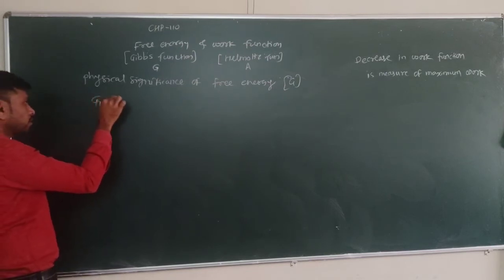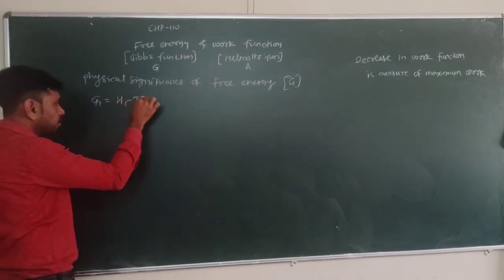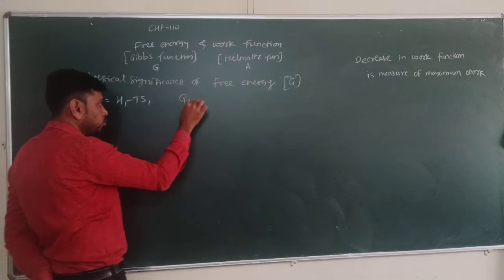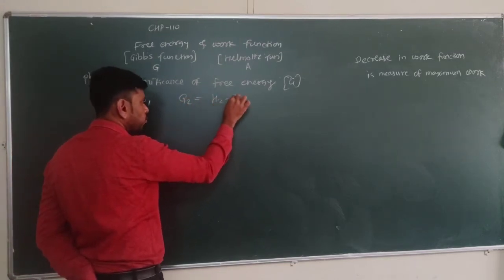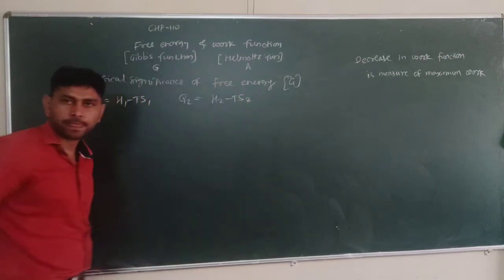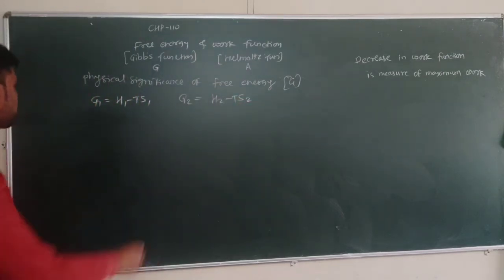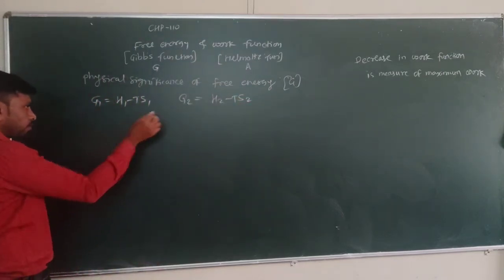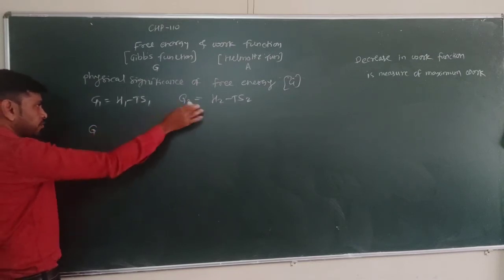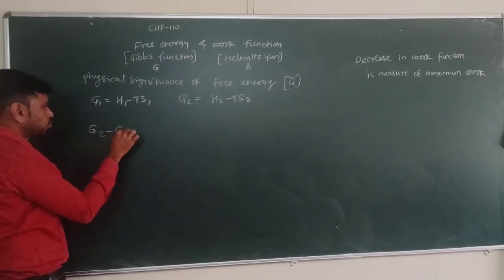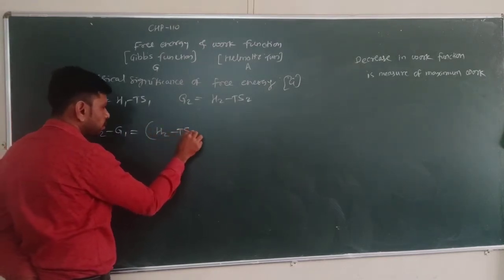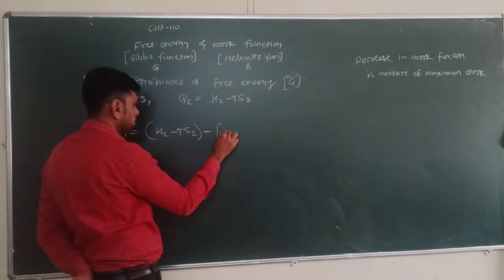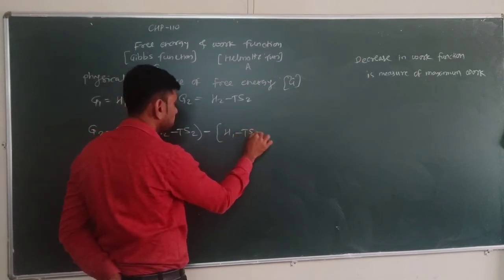Suppose that G1 is H1 minus TS1, and G2 represents the free energy of the second state, H2 minus TS2. If we subtract the first from the second, then G2 minus G1 equals H2 minus TS2 minus H1 minus TS1.